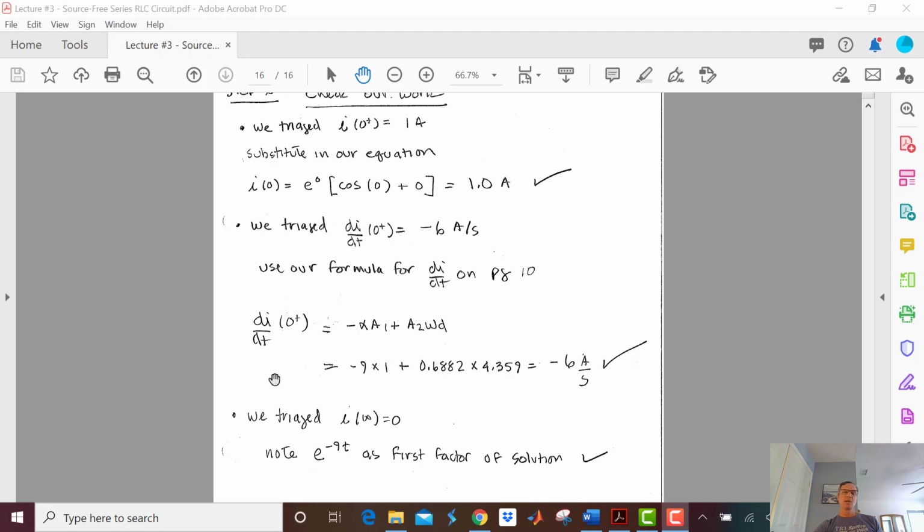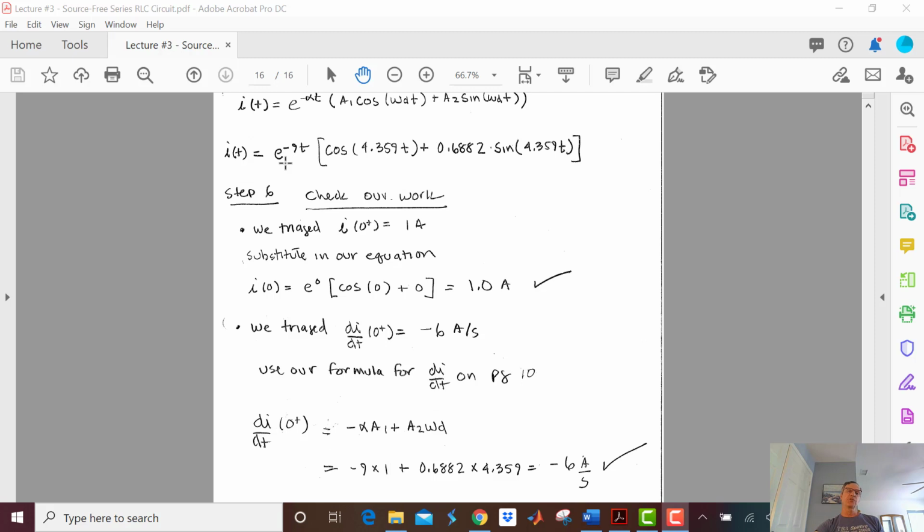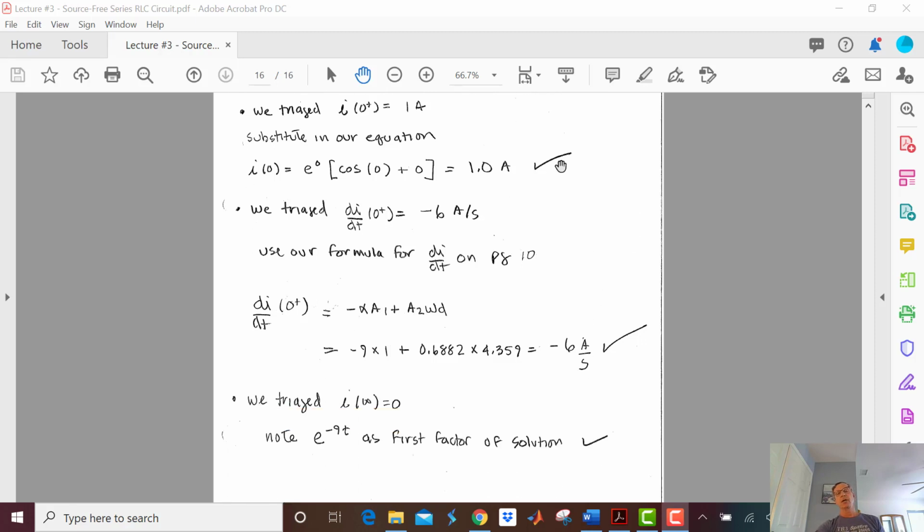I'm liking that. We triaged that the current at infinity would be equal to 0. And we note that in our solution, our first term is e to the minus 9t. So as t goes to infinity, this is, of course, going to go to 0. So I got 3 nice check marks here that are telling me that I got the right solution.